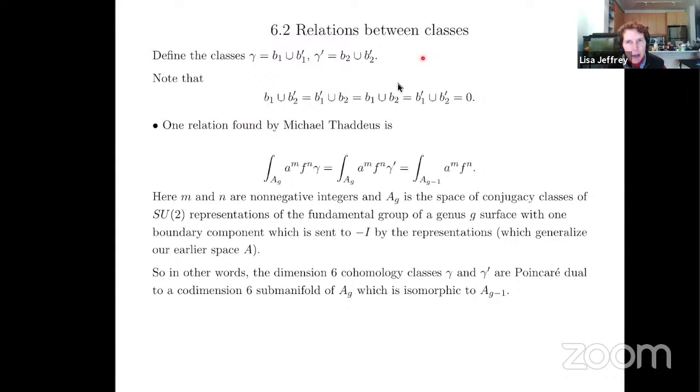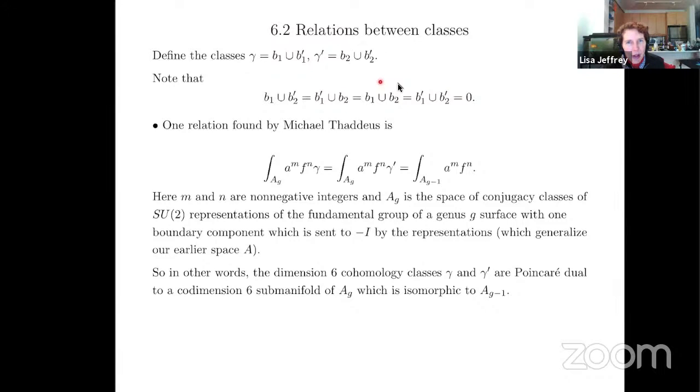The choice of how these classes are labeled is not arbitrary. It ultimately comes down to how elements of first homology intersect. First homology elements which are Poincare dual to these third cohomology classes.